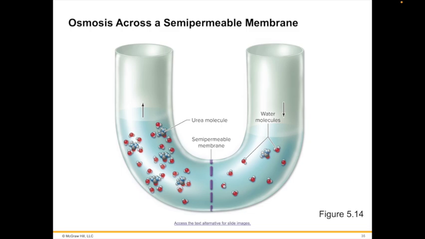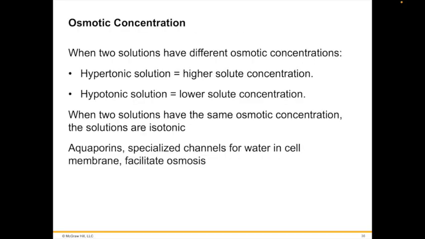When the two solutions have the same osmotic concentrations, these solutions are isotonic, meaning equal. The terms hyperosmotic, hypoosmotic, and isoosmotic are also used to describe these conditions. So there you have those.